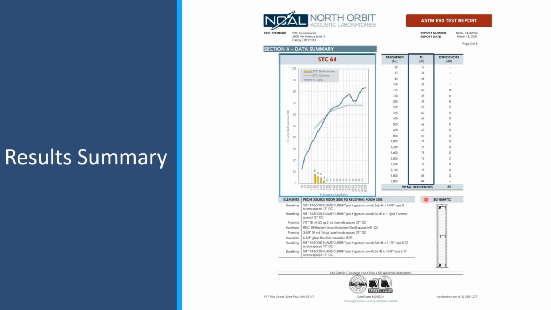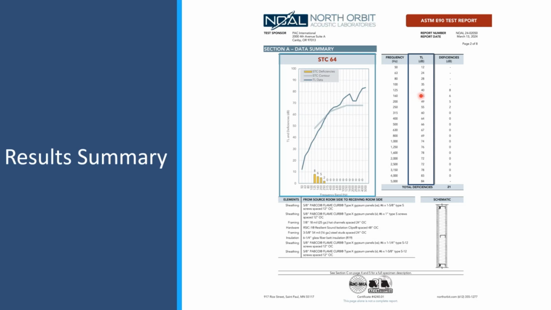Here you will see the transmission loss data. An STC rating is only calculated based off the transmission loss values from 125 to 4,000 hertz. But here they present additional data, because this low frequency data especially is helpful. It's not part of the STC calculation, but it's helpful data.